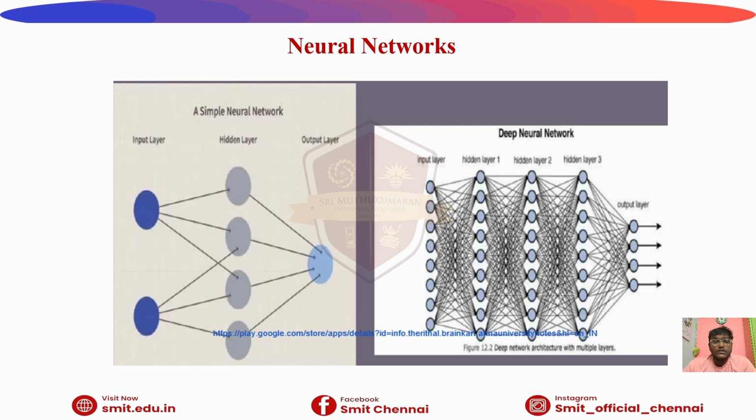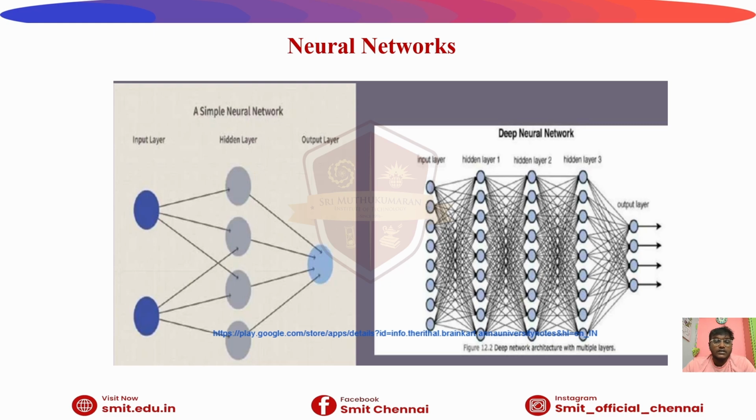Then neural network. Neural networks are computing systems inspired by biological neural networks like the human brain. They consist of interconnected nodes organized in layers. Input layer, which receives the data, hidden layer, which processes the information, then third, output layer produces the prediction.